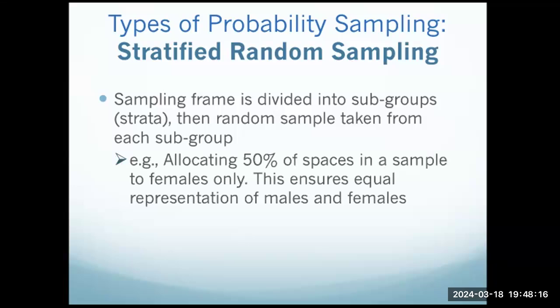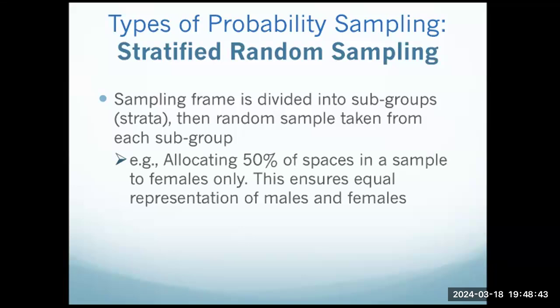Now, let's say you want really representative, and you find out, okay, well, at Evergreen Valley College, 51% of our students are female identified. And so if you really want to be proportionate to that, then you make sure that the number of names you pull from the female identified group would equal 51% of your sample selection.